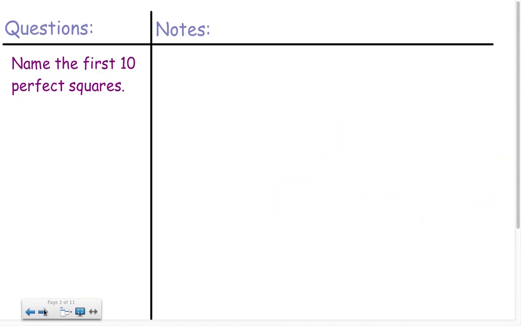All right, name the first 10 perfect squares. So if I make a list over here from 1 to 10, so 1 squared is 1.